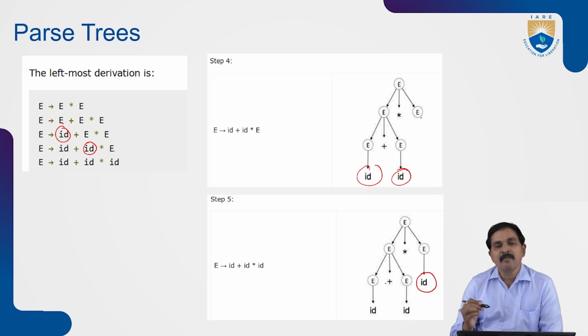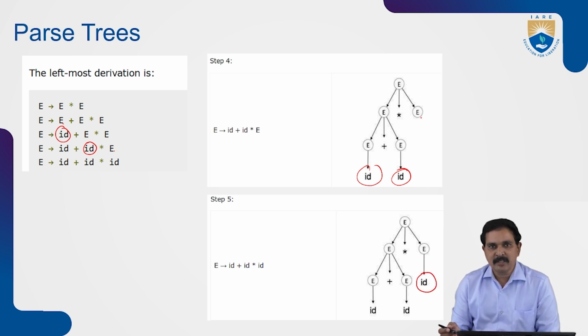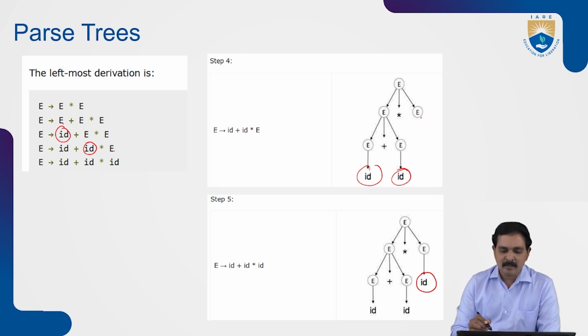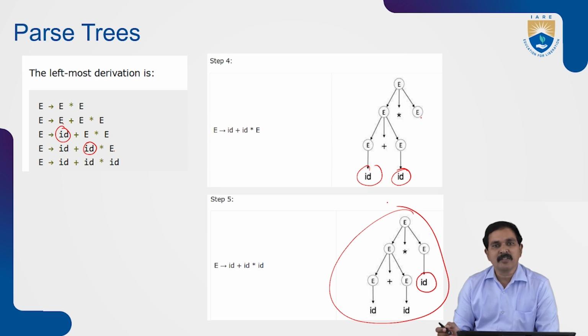So it means you follow the sequence of productions in the derivation. As per that, you expand the tree from the intermediate levels to the last level of the parse tree. Finally, this is how you get this kind of parse tree with the help of the leftmost derivation.